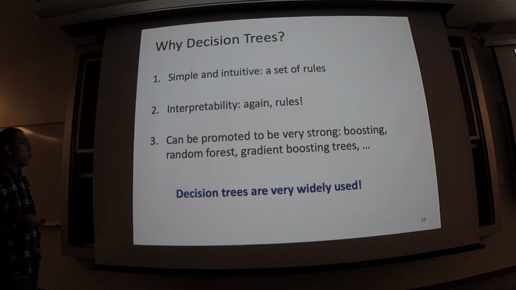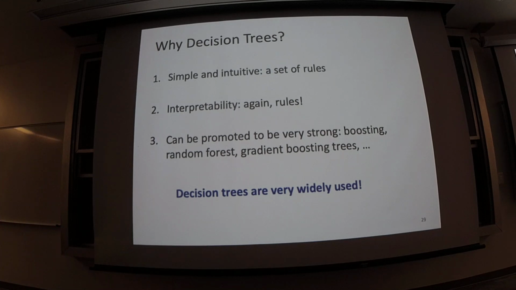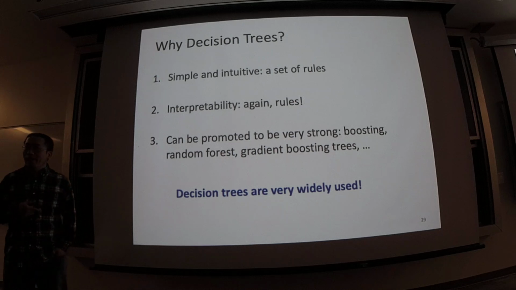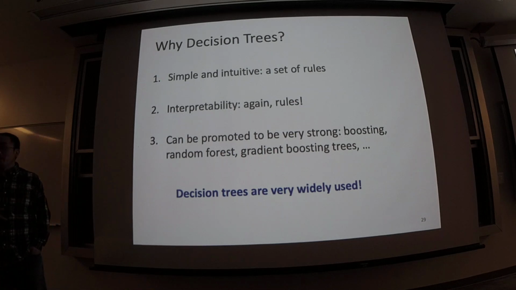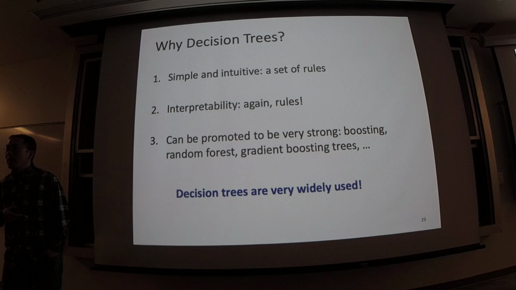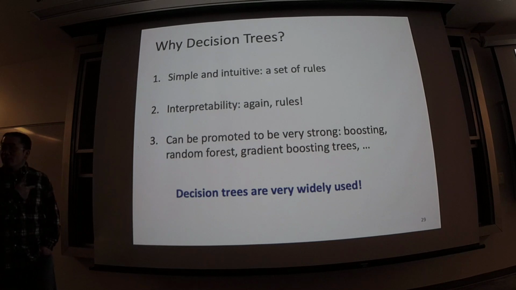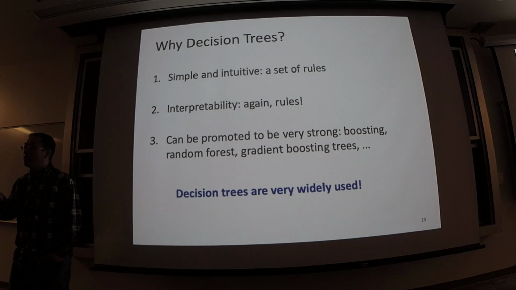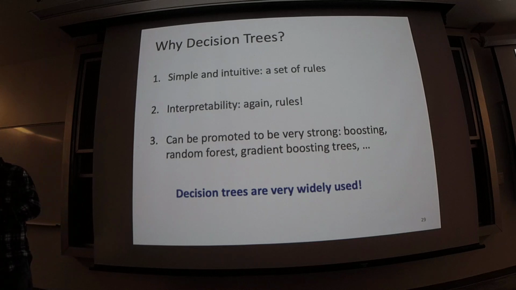So why do we care about decision trees? The first and very important reason is that it is simple and intuitive. As we will see in a minute, decision trees are essentially a set of rules, right? It's very similar to human beings' decision procedure. We always come up with a set of rules to make our decision.